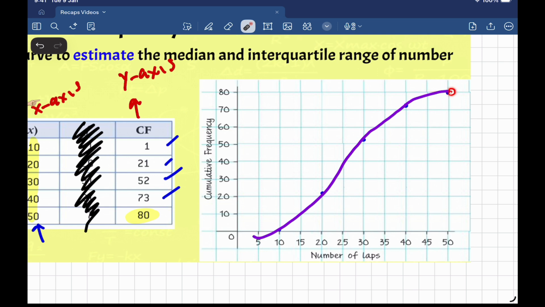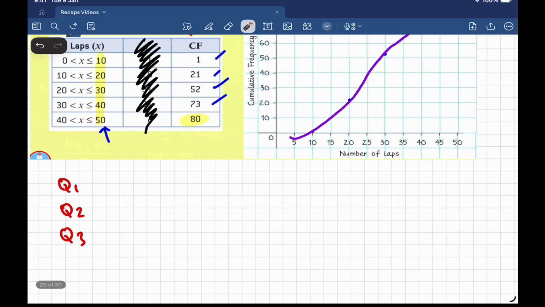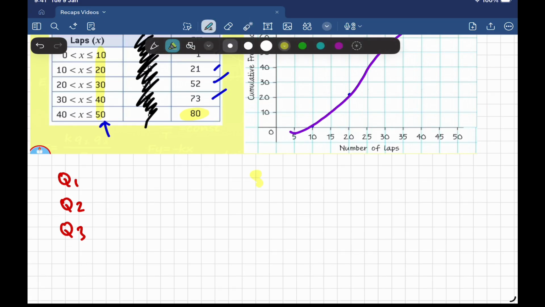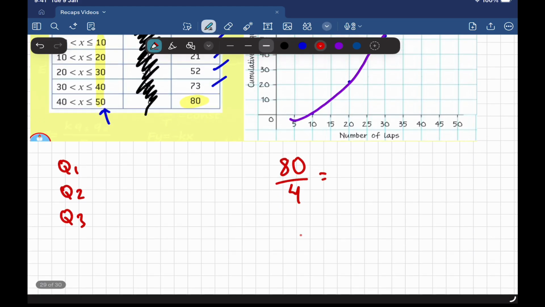So this is 80. We are going to take this 80 divided by 4. Why by 4? If you remember quartiles, let me show you. When we have quartiles, it means that we are going to divide the data set into 4 equal parts.